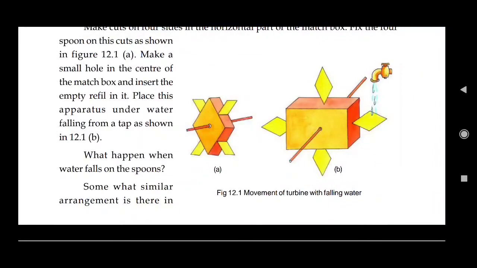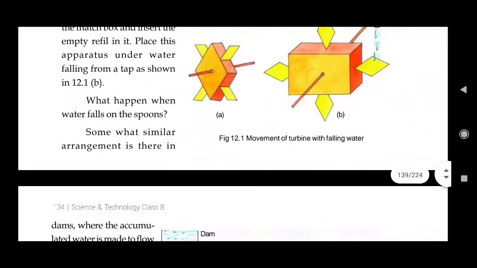Okay, and this turbine is used for generating what? Electricity through water. So in a dam, river water is collected or accumulated, and is arranged in such a way that when the river water falls, at the mouth of that, a heavy turbine is placed.